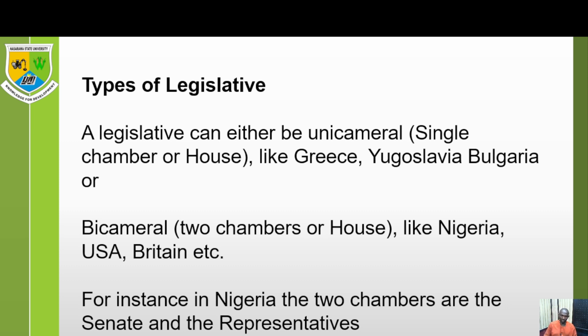They are examples of bicameral legislature. For instance, in Nigeria, the 2 chambers are the Senate and House of Representatives, where the Senate is referred to as the upper chamber, the red chamber, while the House of Representatives is the lower chamber.